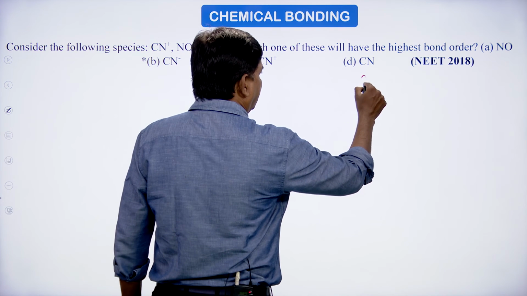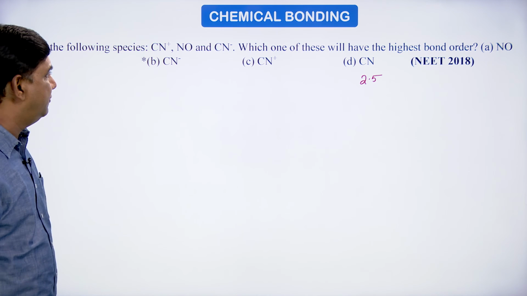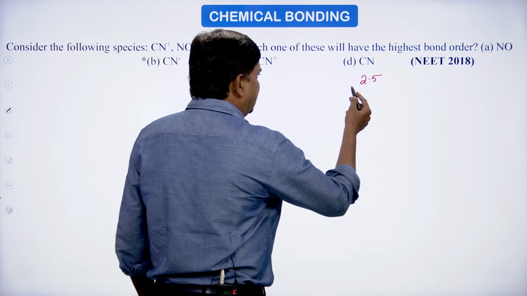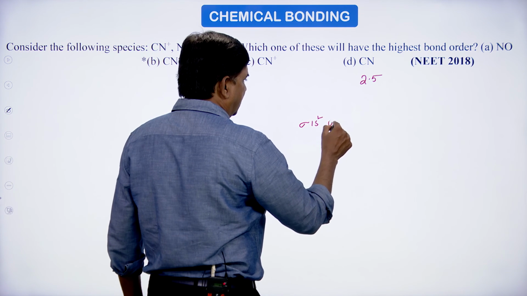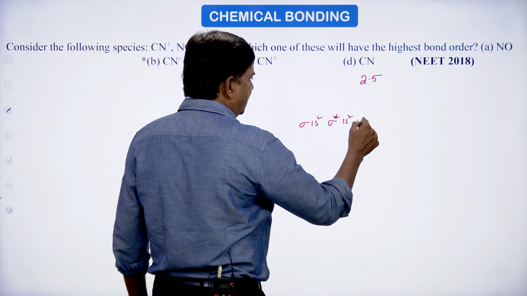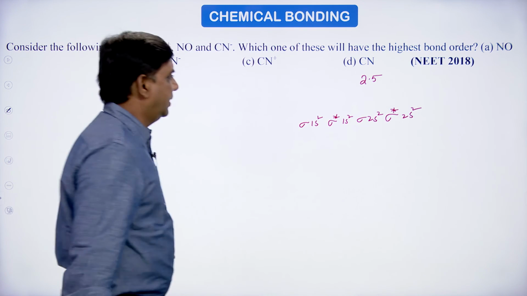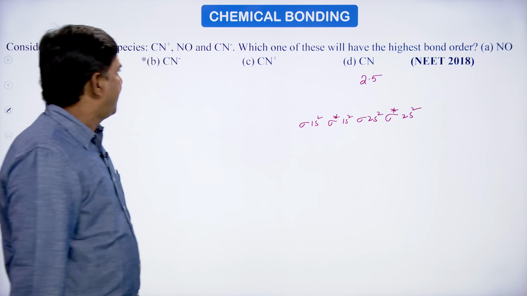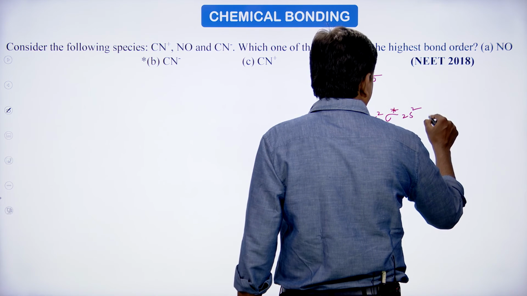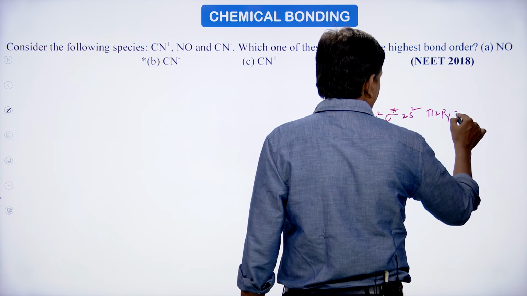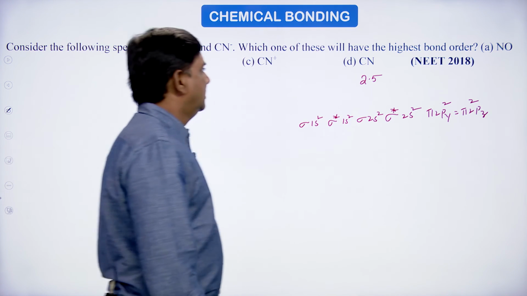For CN we have calculated the bond order is 2.5. The order is sigma 1s2, sigma star 1s2, sigma 2s2 and sigma star 2s2, that is 8 electrons. Then pi 2py and pi 2pz have 2 electrons each, making 10, 12.